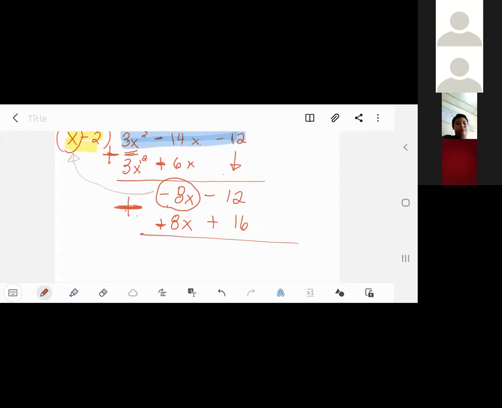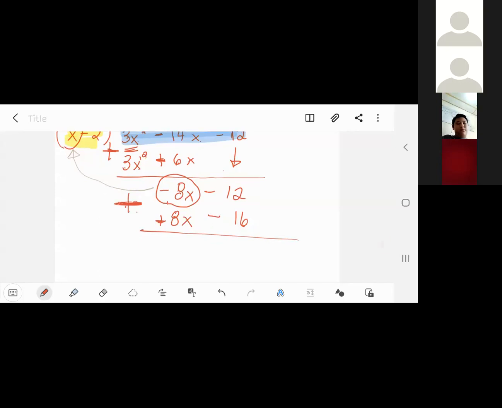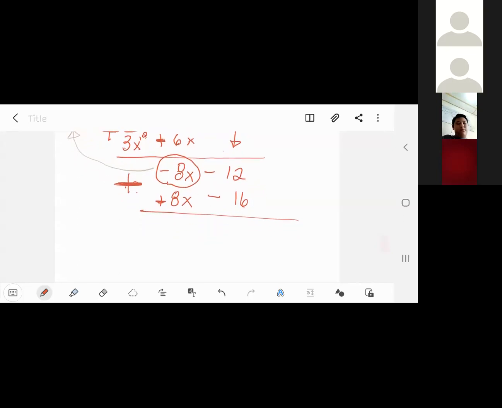Negative 8x plus 8x is 0. Then negative 12 plus negative 16. How much? Negative 28. So that is the remainder.